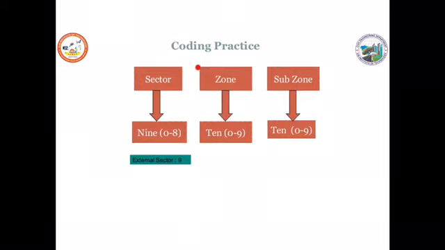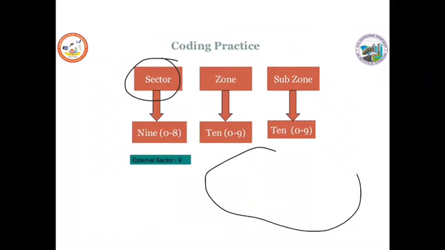Coding practice is giving these zones one particular name. So when we do the coding practices, the zones will be given particular numbers. One such coding practice includes dividing the entire study area into sectors first. Usually we divide the study area into sectors when the study area is too large.